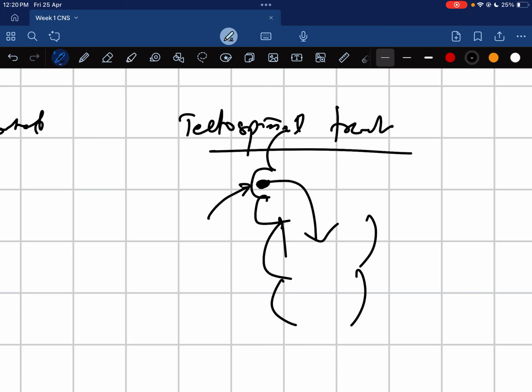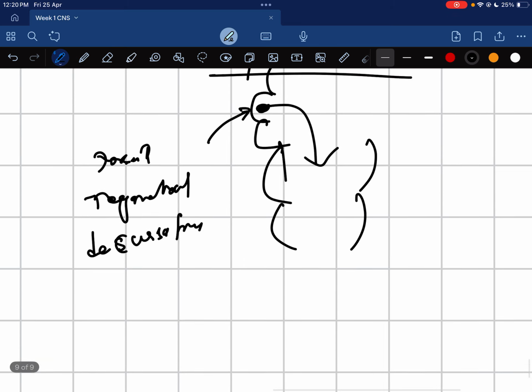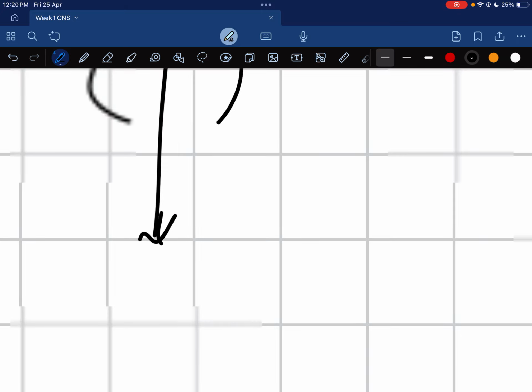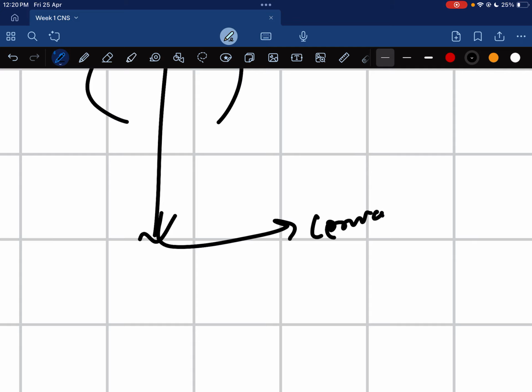There is a tectum, and it comes through the dorsal tegmental decussation in the midbrain, and it terminates at the cervical cord region.